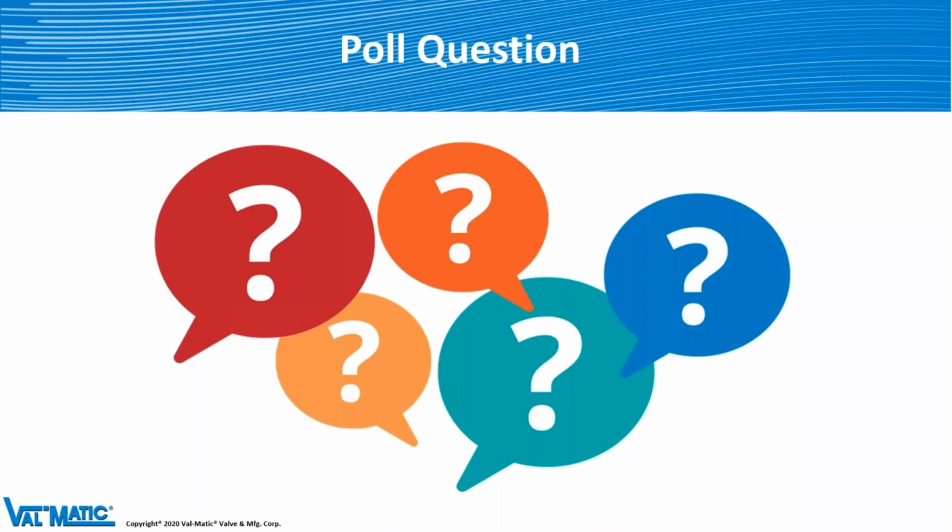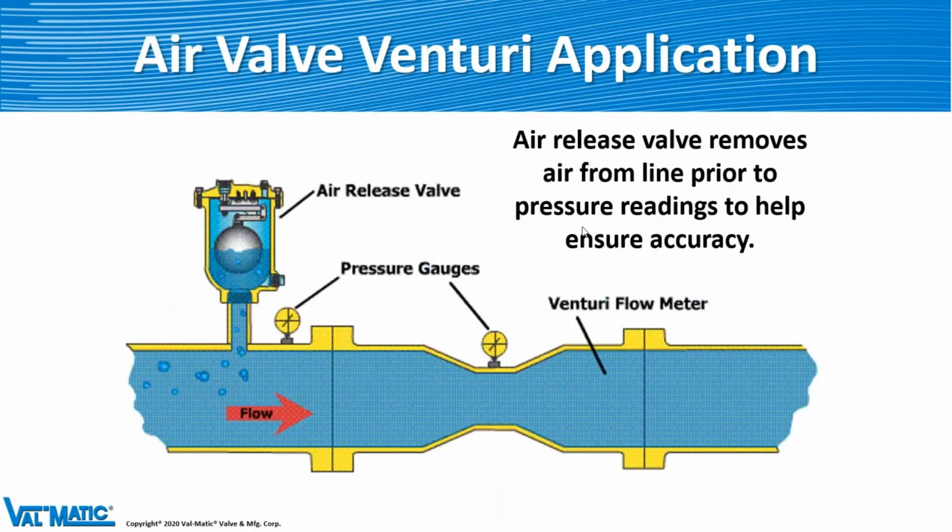So let's hide this and go to the next slide. This is where you would put an air release valve right in front of a flow meter or any other kind of meter in your piping system. That will help get rid of the air, because it'll bring it up out of the pipeline, so you can get a more accurate reading with your meters.